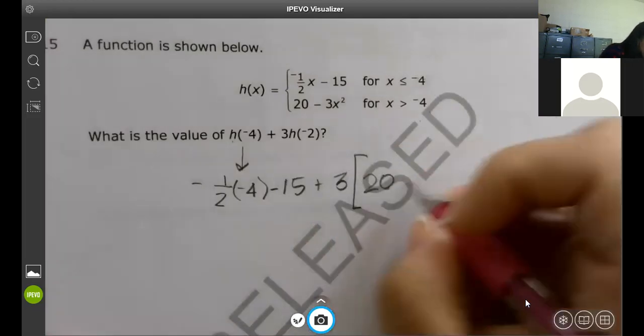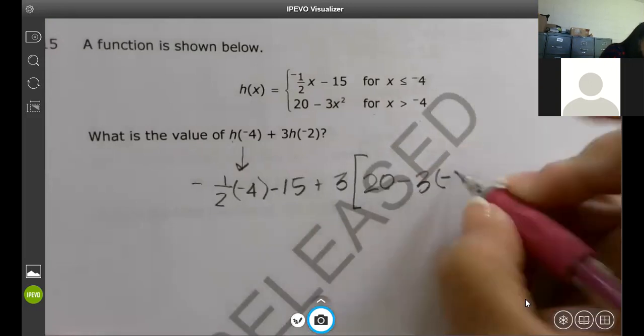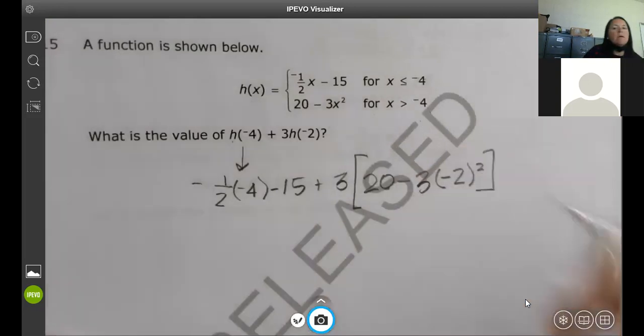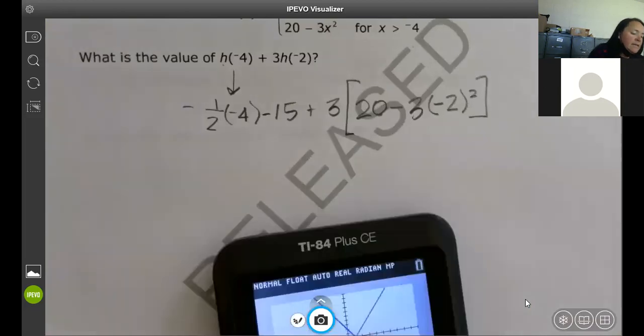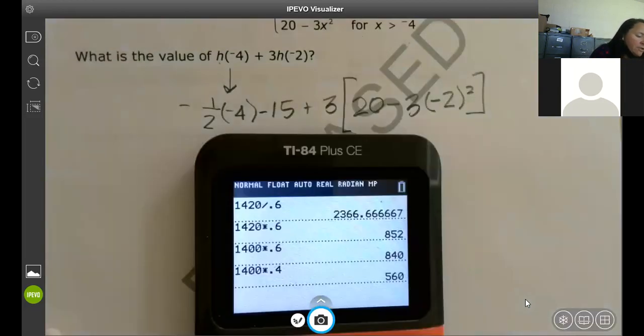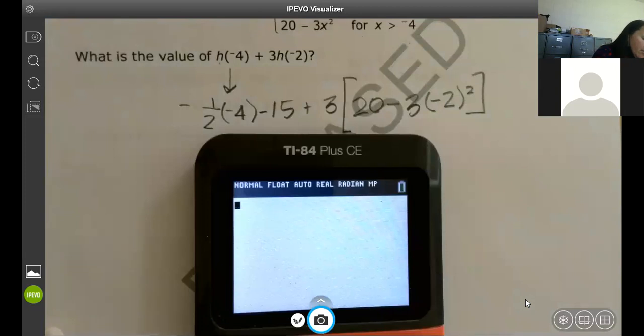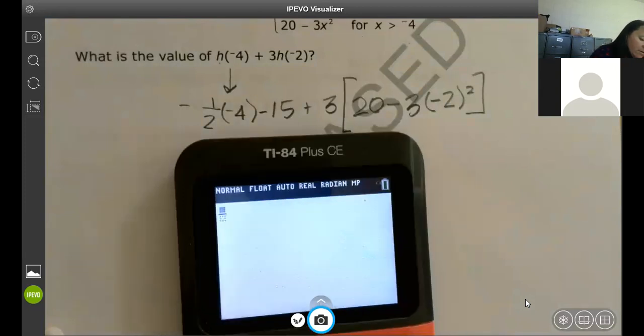So 20 minus 3. Watch this part right here. That's where it'll screw you up. If you put it in your calculator, you want your negative 2 in parentheses. I can literally type it in my calculator just like I see it. So I'm going to do alpha y equals negative 1/2.